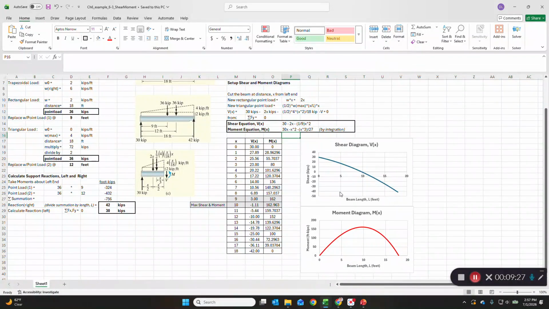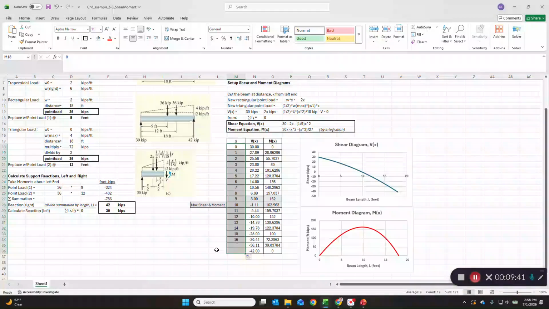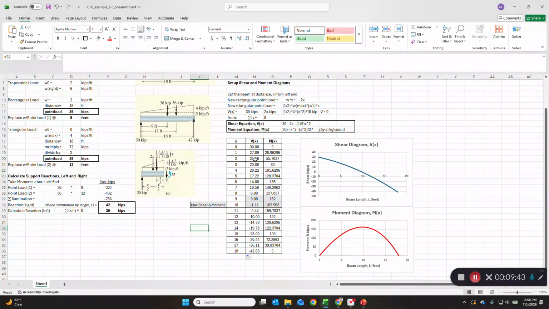So we want to know two things. We set up a column of beam lengths, and we're only going to increase it by 1. So technically, you could just actually type 0 and 1, and then drag this down and populate the rest of the table. Then our shear function is here, and our moment function is here. These are the functions.